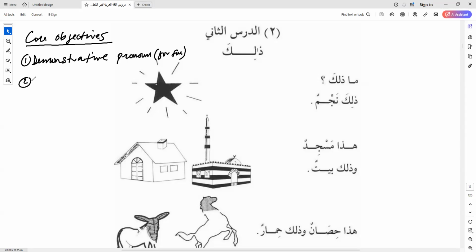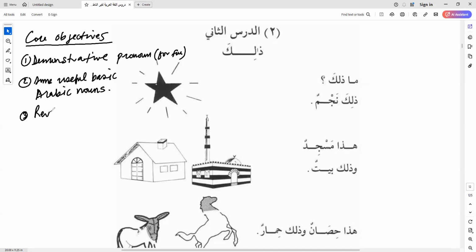And then we're going to learn some useful basic Arabic nouns. So in addition to what we learned in lesson 1, we're going to learn some new words.